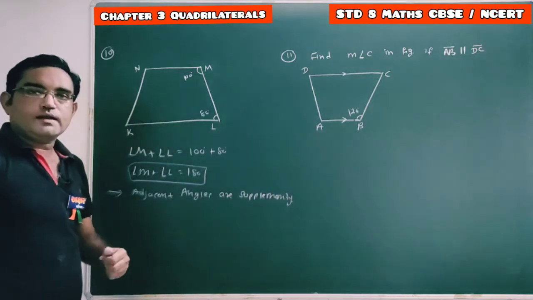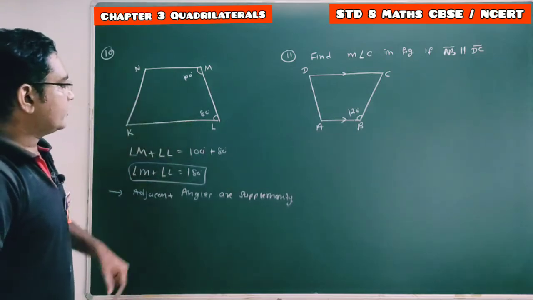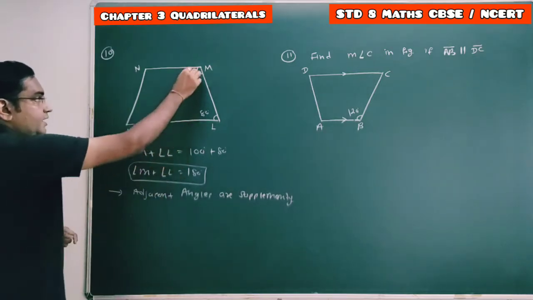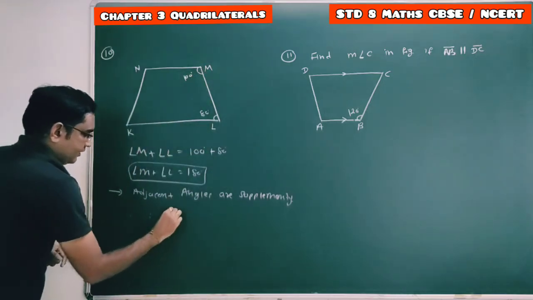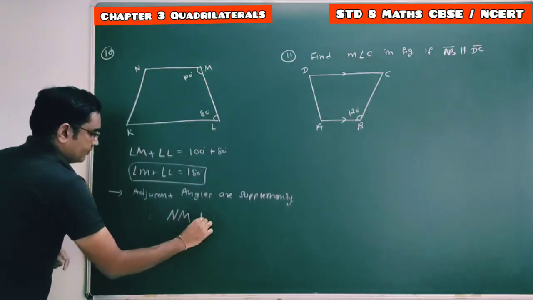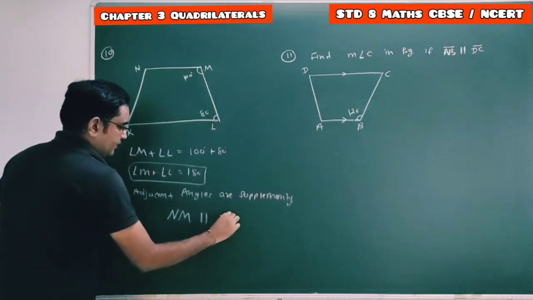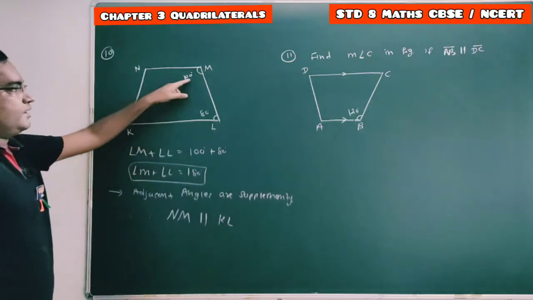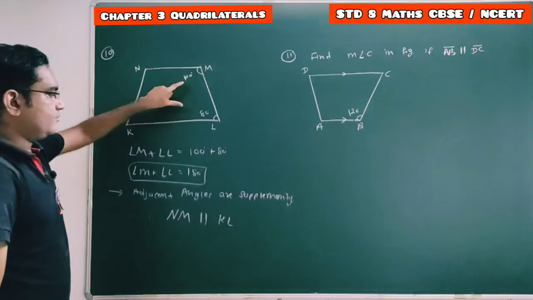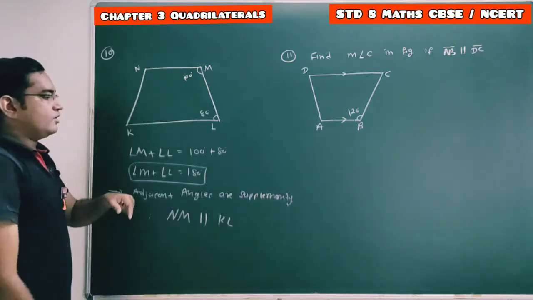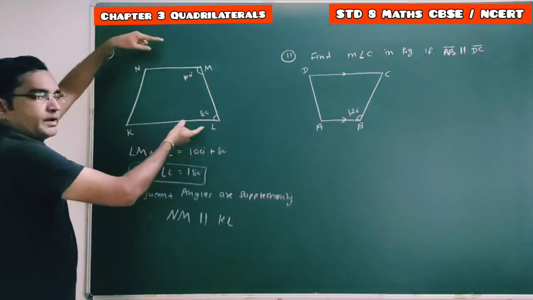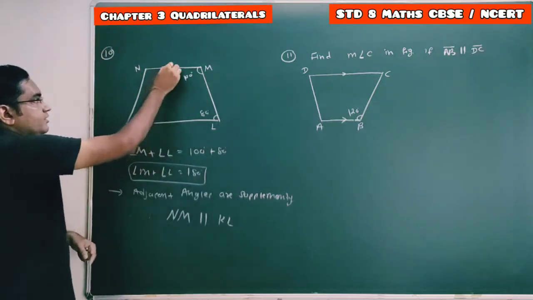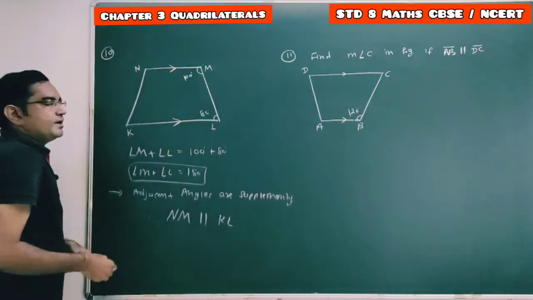So pair of adjacent angles are supplementary angles. So can we say these are the interior angles on the same side of transversal, and therefore NM must be parallel to KL. Done. These are the interior angles on the same side of transversal because they are supplementary angles. Therefore, by converse of theorem, we can say that both the sides are parallel to each other. So here NM is parallel to KL.